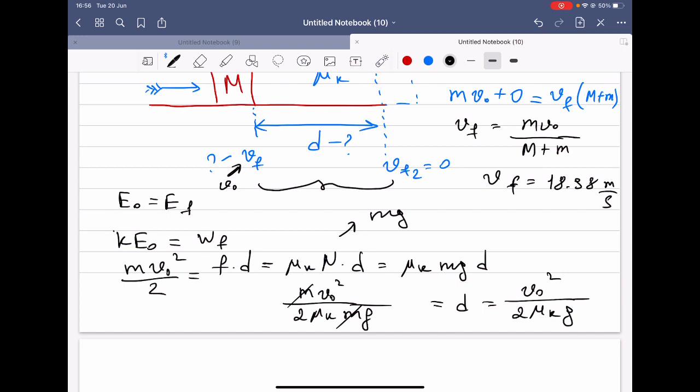So that's it. This is your final formula. You should keep in mind that this v initial in the second part is equal to the v final from the first part. This is from the first part and this is from the second part. That's it.